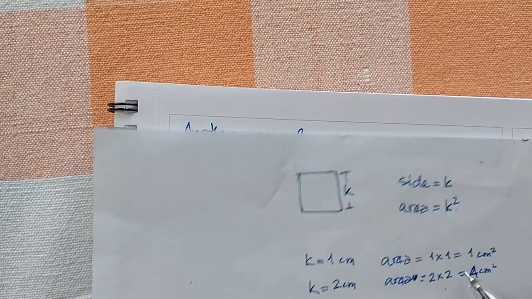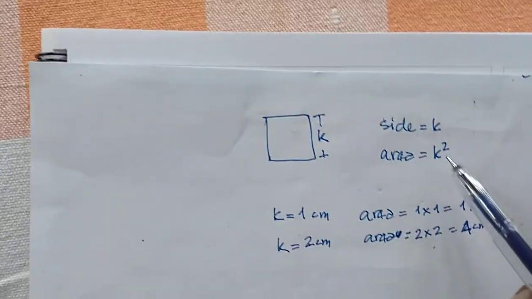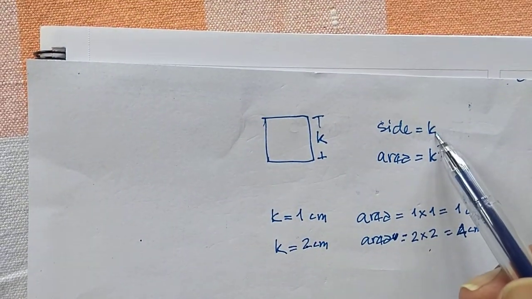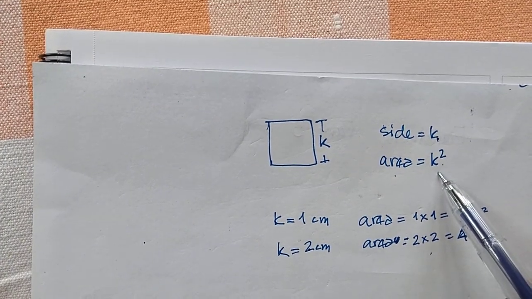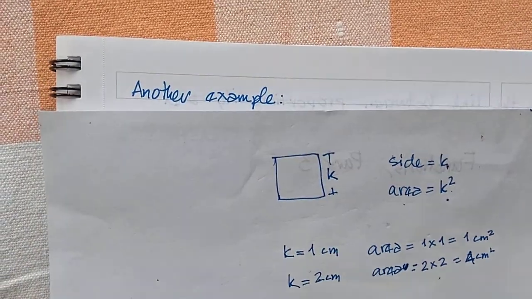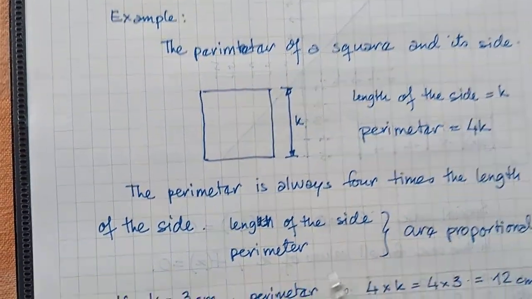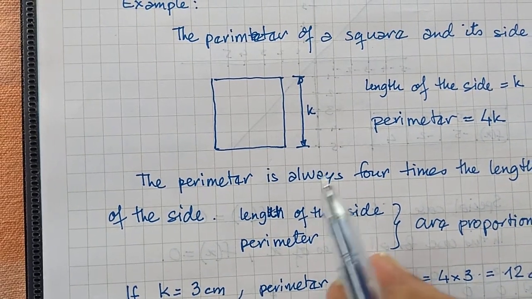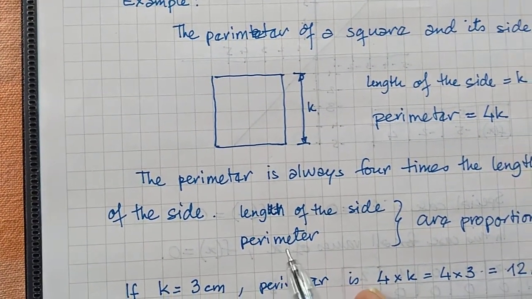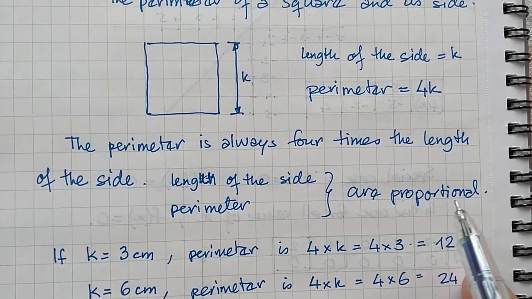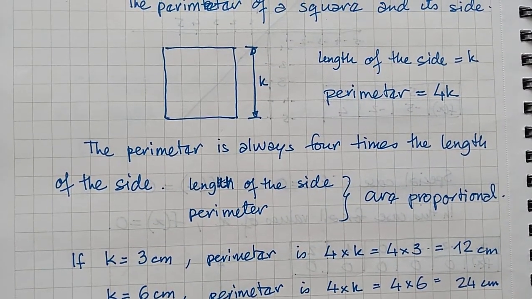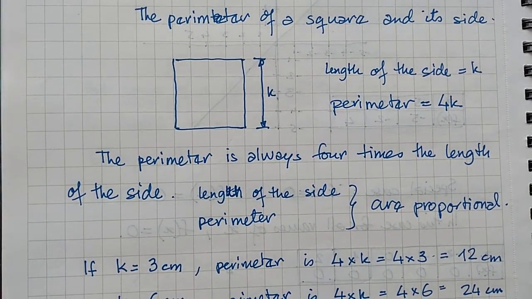So these two quantities, side of a square and area of a square, are not proportional. Whereas, as we saw here, the length of the side and the perimeter are indeed proportional, because when one doubles, the other will double. Not in the case of the area of the square.